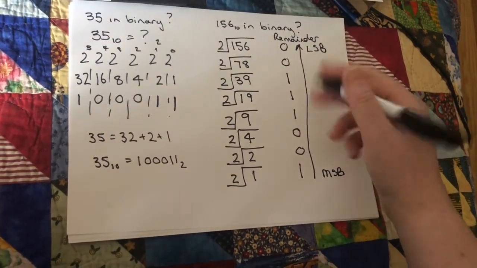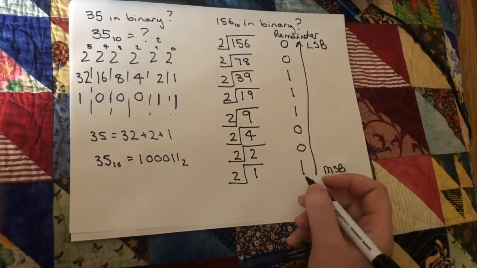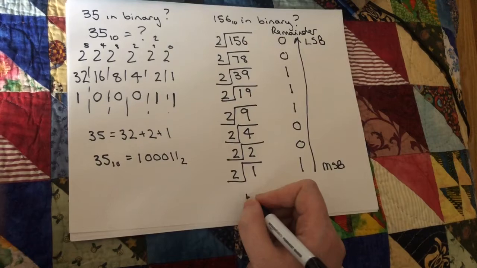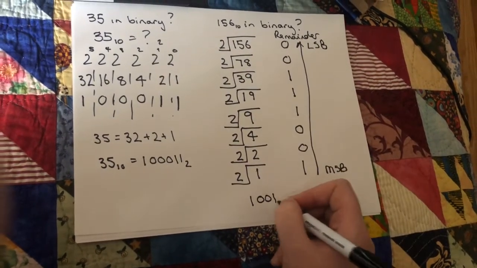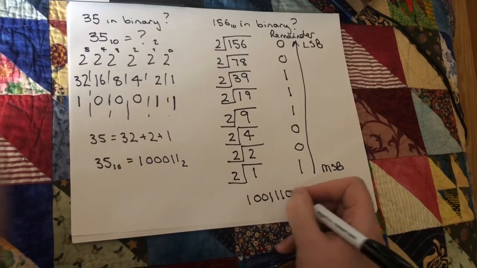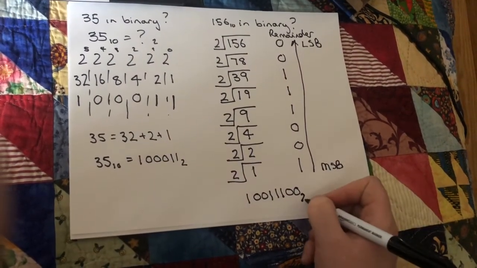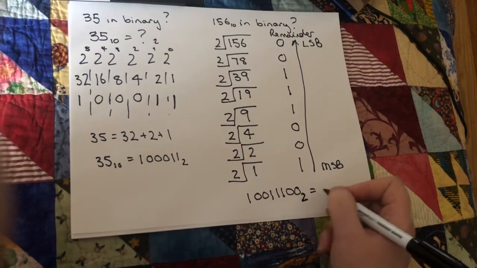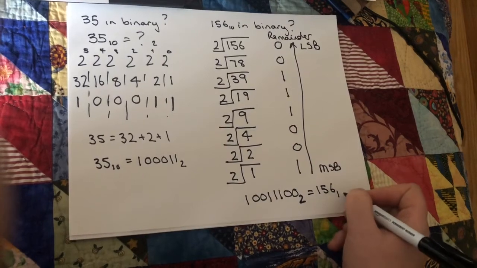So that means when you write this horizontally, like we usually write numbers, that's going to look like 1, 0, 0, 1, 1, 1, 0, 0 to the base 2, and that is equal to 156 to the base 10.